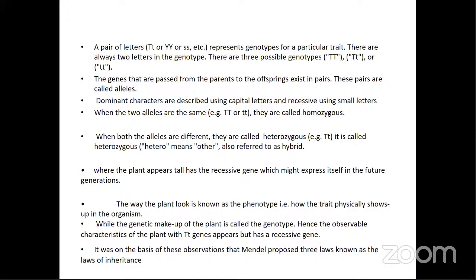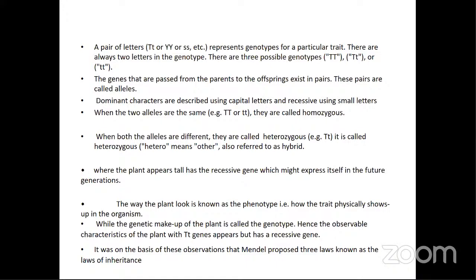that may show up in the grandparents or in the grand upstream later. When you see something like YY, for example, if the color is yellow, that means the pea is completely yellow because there's no small letter y here.